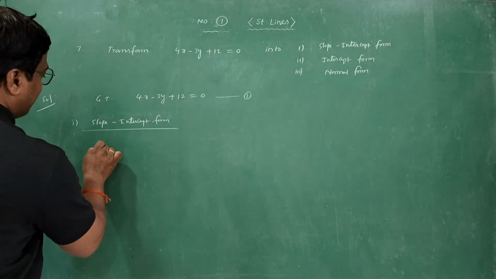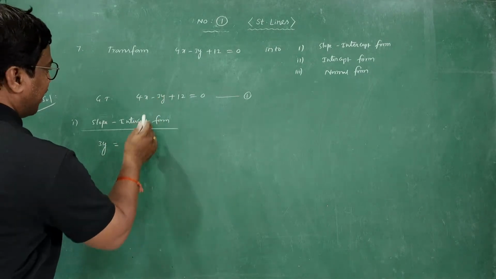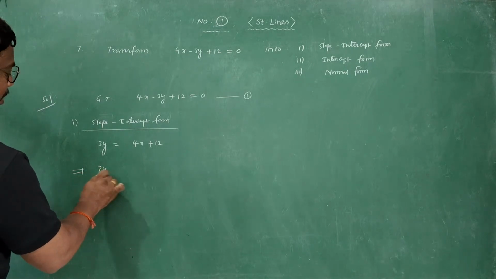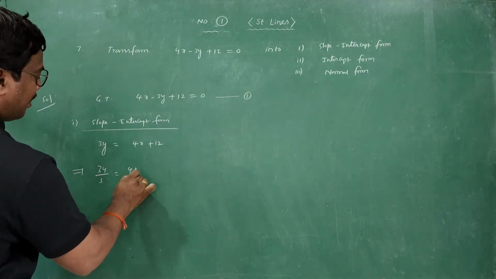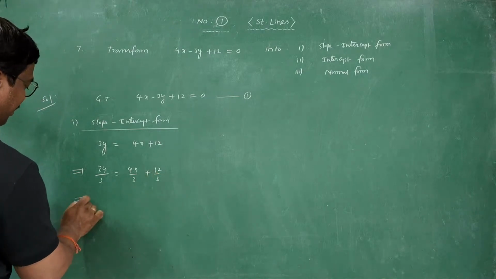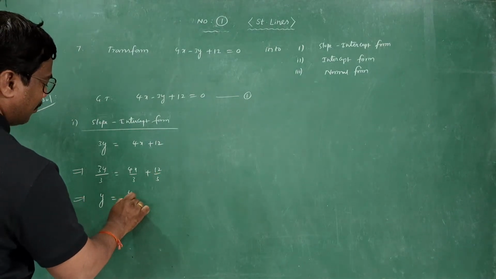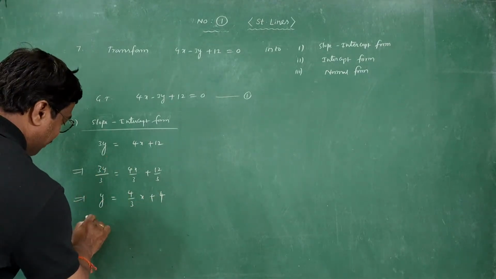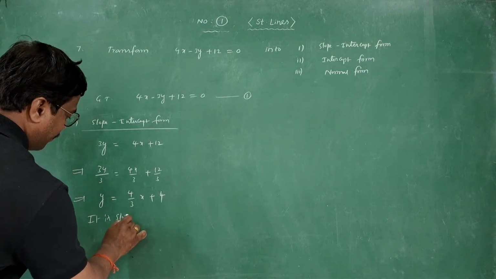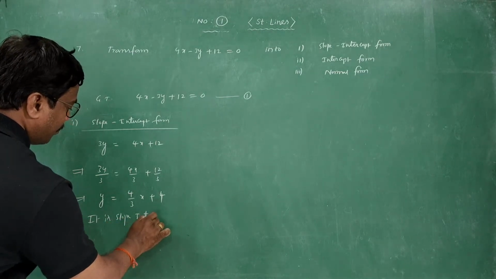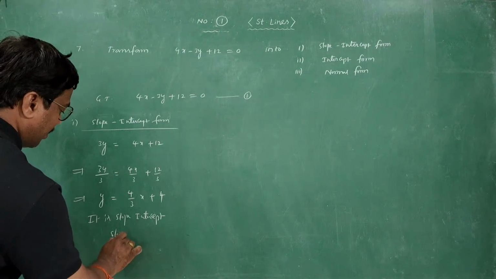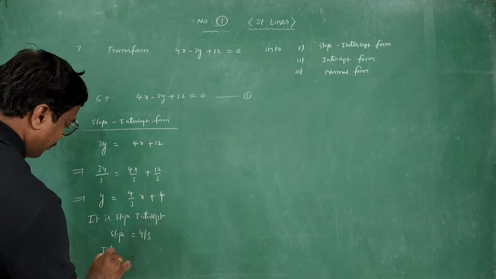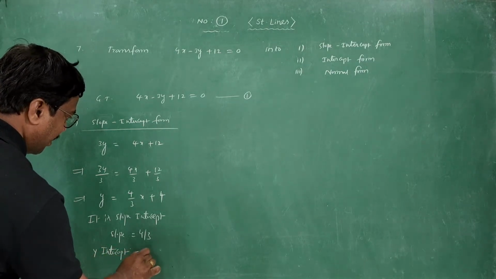So on the left side you need to write the y term. 3y is written as 4x plus 12. By dividing each and every term with 3, it converts into y equal to mx plus c form. Y is now equal to 4 by 3 of x plus 4. It is slope intercept form, and slope is clearly 4 by 3, y intercept is 4.